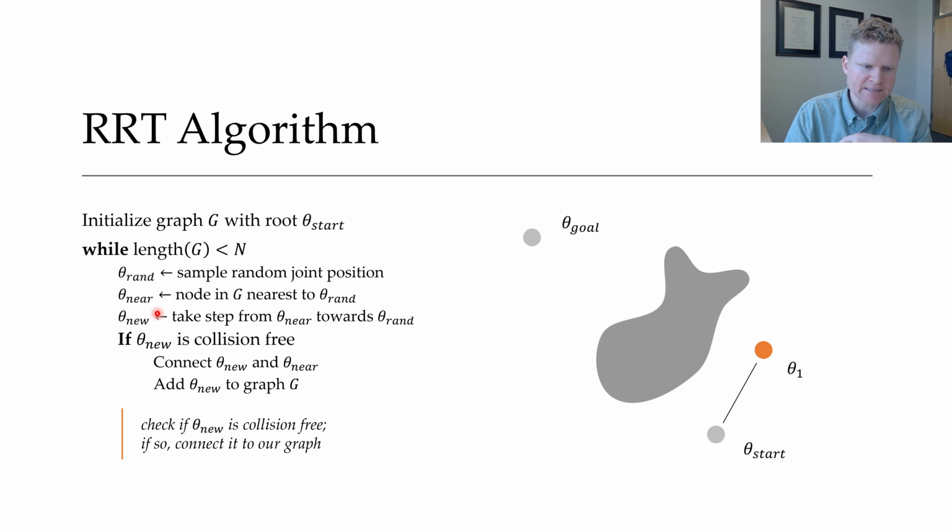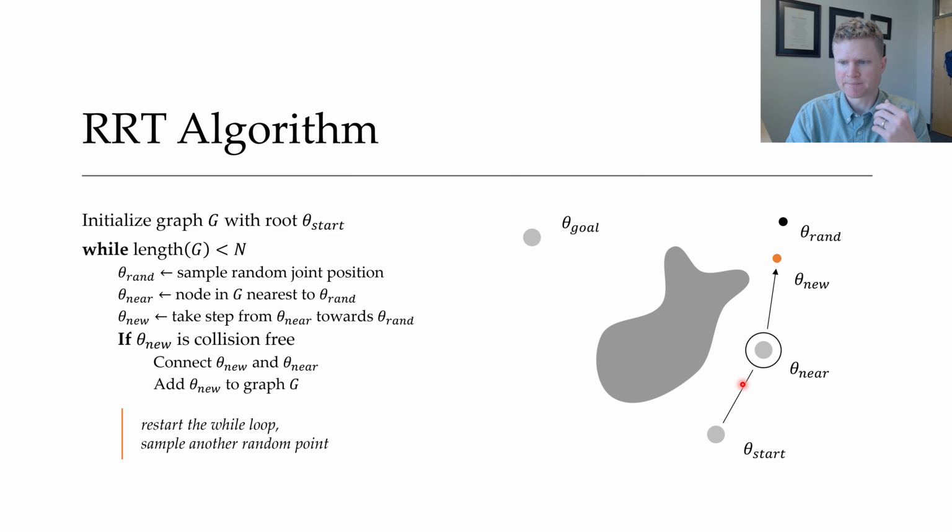And so that's going to be the next step of my process. I check and see, is theta new collision free? If it is, like it is in this example, then I can connect it to my graph. So I make a connection between theta new and theta near. And so now those two things are my graph, and I also understand that I can move between these two different points. All right, so that's the first time I go through this while loop.